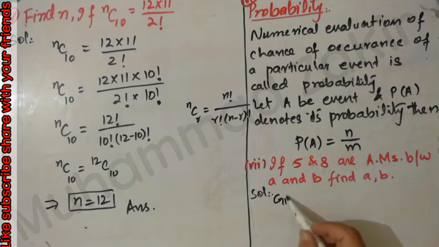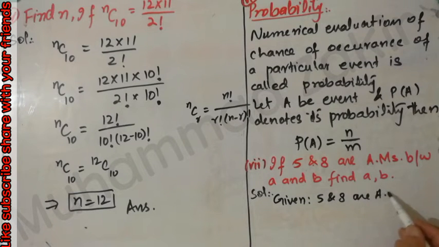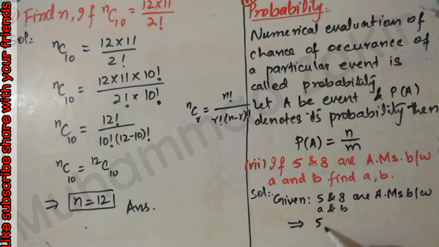What is given? The statement with if is given: 5 and 8 are AMs between A and B. What does this immediately imply? It implies 5 and 8 are arithmetic means, so they will be in the middle, between A and B. A and B will be at the end. We will write them in AP.